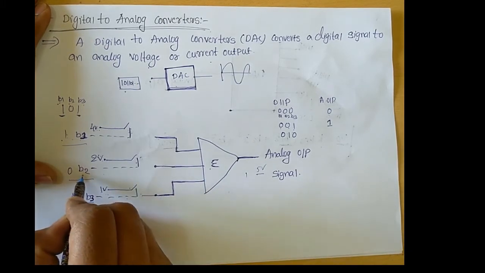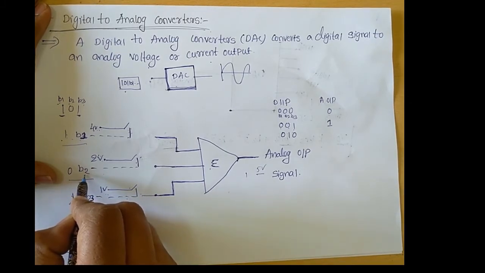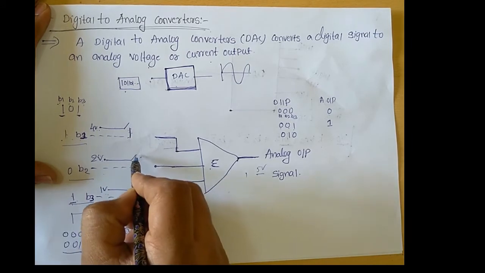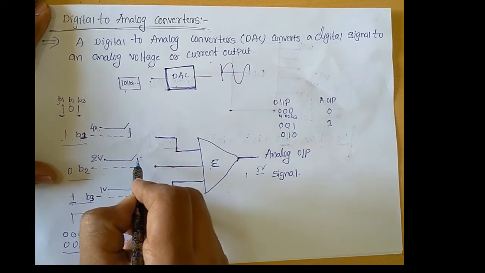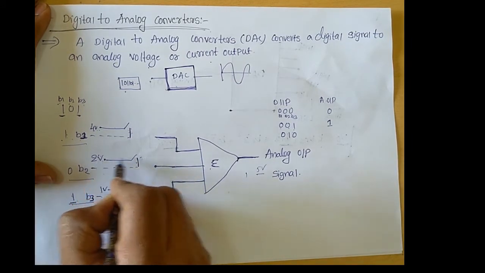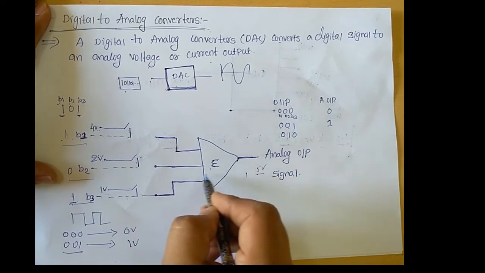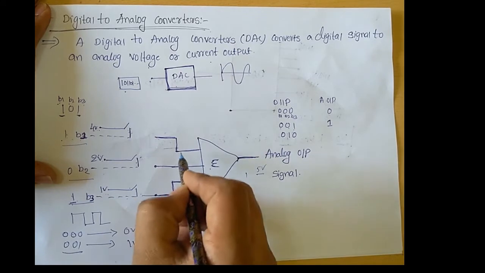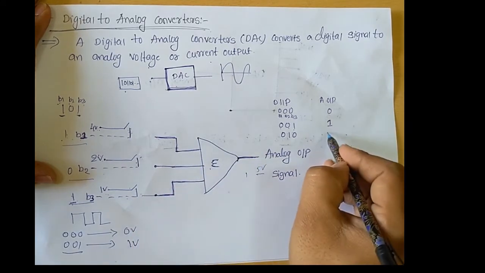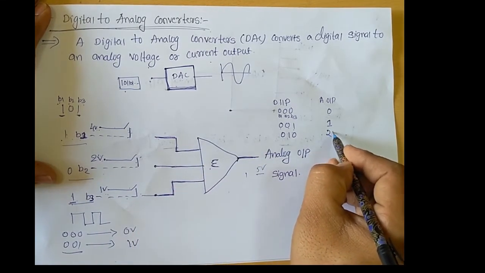But coming to the B2 bit, here we are giving the binary information 1. With respect to this information, this switch will be closed, so this 2 volt signal is given to the input of this adder. This adder adds these three signals, and we get the analog signal output, that is 2 volts.